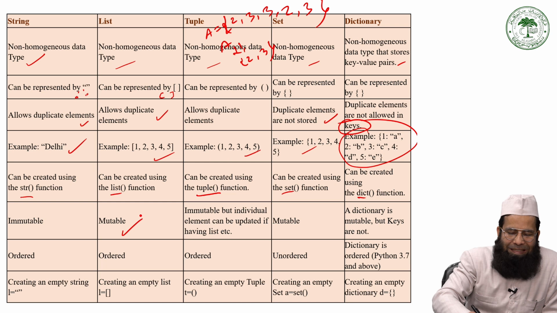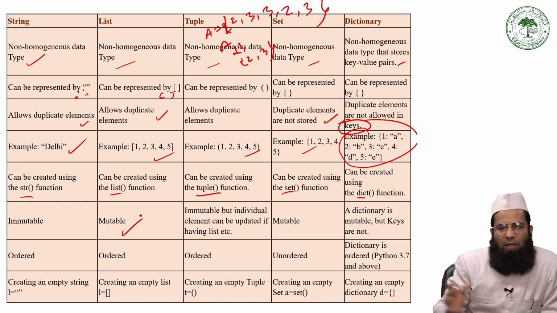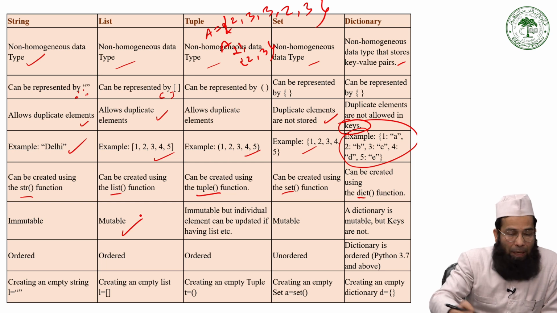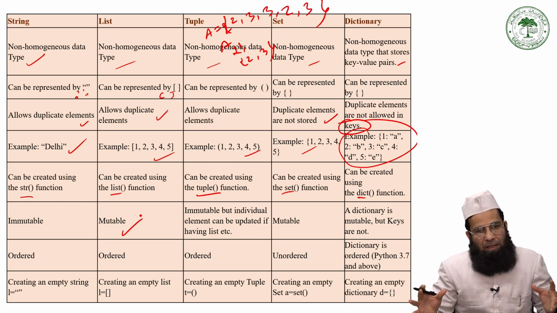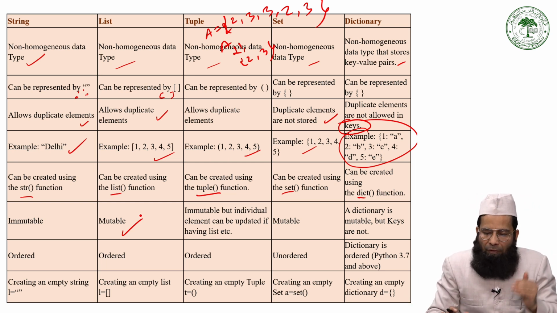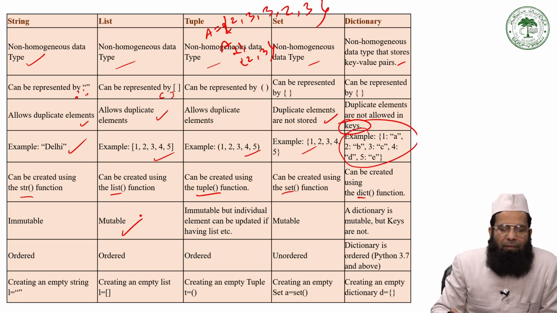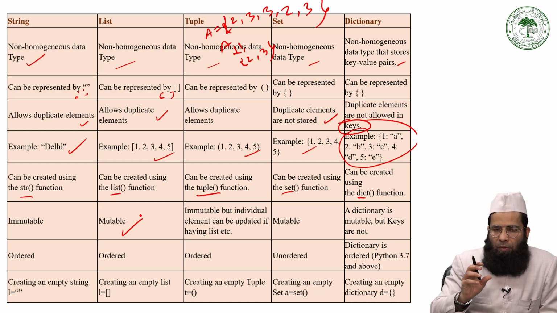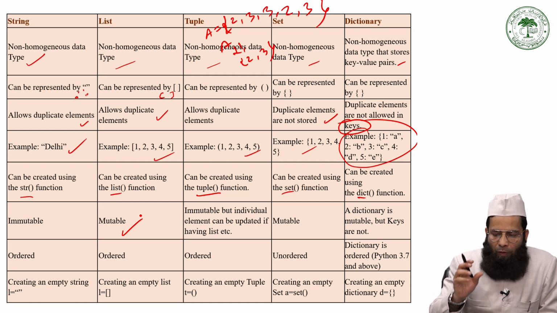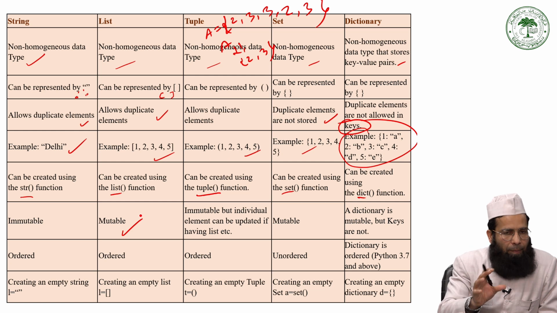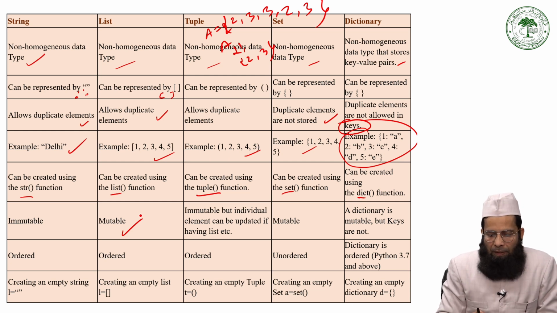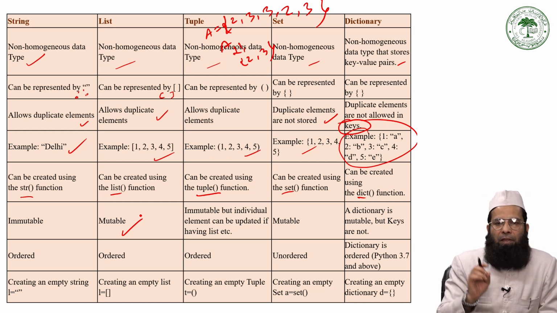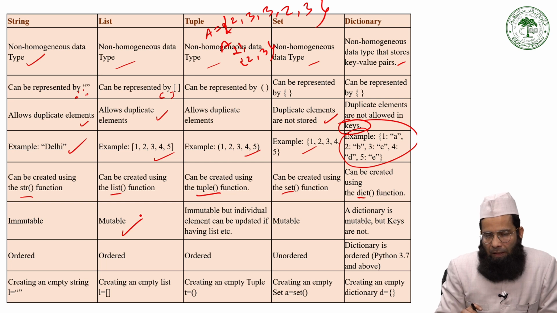List is mutable. You can expand the list, shrink the list, and update individual elements. Tuple is immutable as far as the whole tuple is concerned, but an individual element can be updated if it is a list. If your tuple has an element in the form of a list, that list can be updated, because a list can have mutable elements, right?